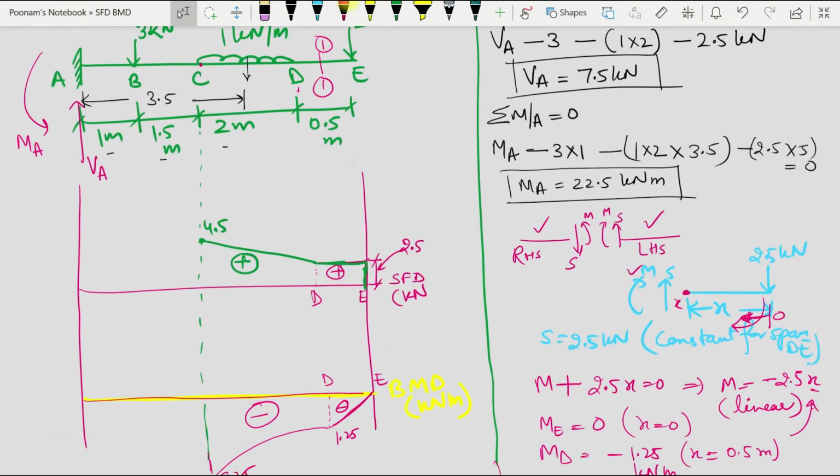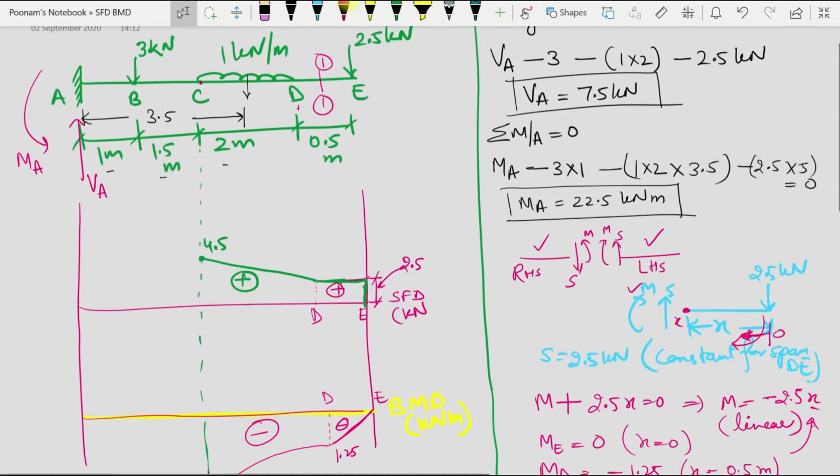Now on span BC, there will be a sharp change under this point in the shear force diagram. It will be constant between point B and C because there is no change in loading.